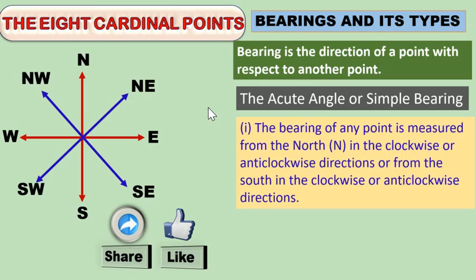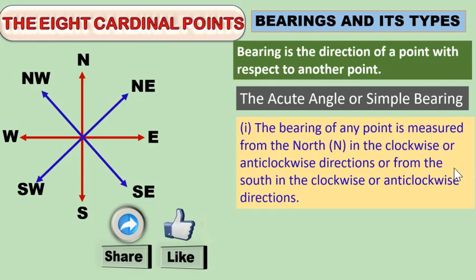Then you can move clockwise or anti-clockwise. I can measure from the north, clockwise or anti-clockwise. I can measure from the south, anti-clockwise or clockwise. We cannot measure direction from the east or west.